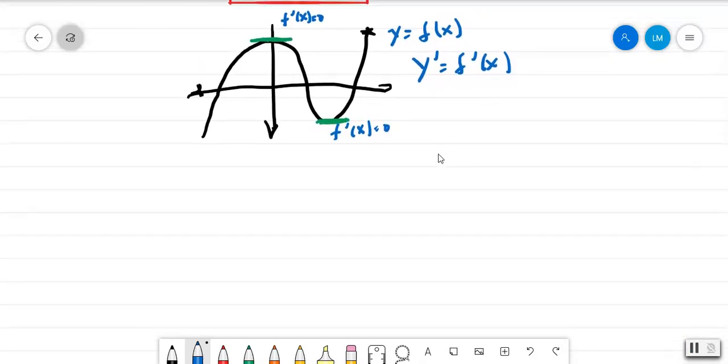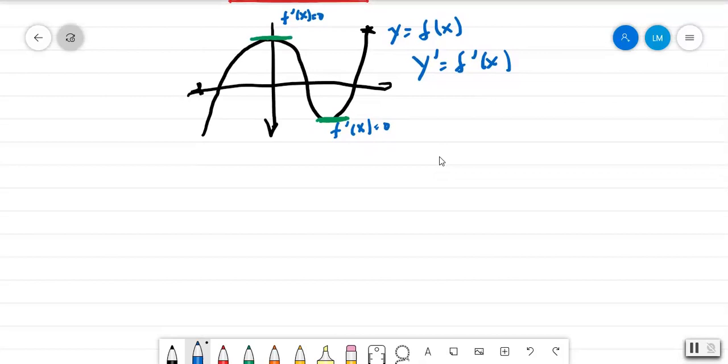So let's consider an actual example of finding the horizontal tangent.